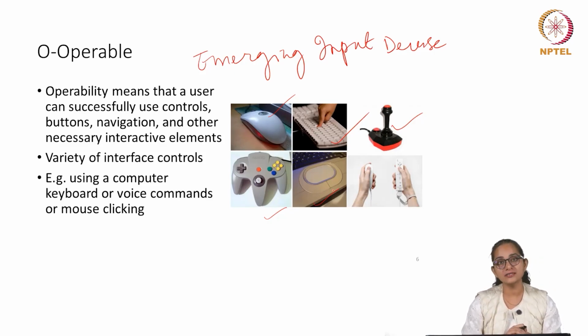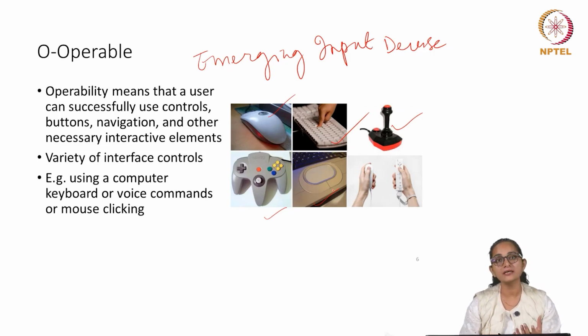All of these are input devices, but when we talk about emerging input devices, it can be non-tactual interaction as well. For example, computer vision based cameras, facial recognition based input devices, iris based recognition, all of those input devices can also be there. And then of course, your mic or voice commands is also an input device.